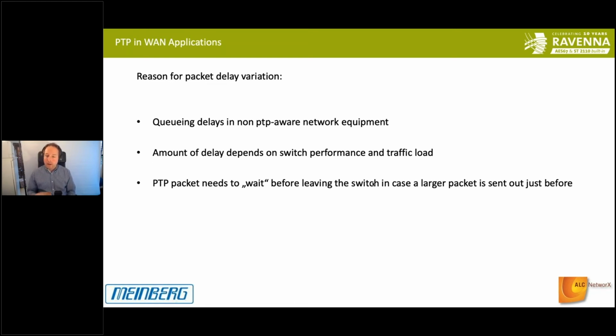And if there is a large packet in front of the PTP packet that needs to get out earlier, then the PTP packet has to wait within the switch before it can come out. Therefore you have different latencies between master and slave, which leads to variation in offset and inaccuracies in the end.